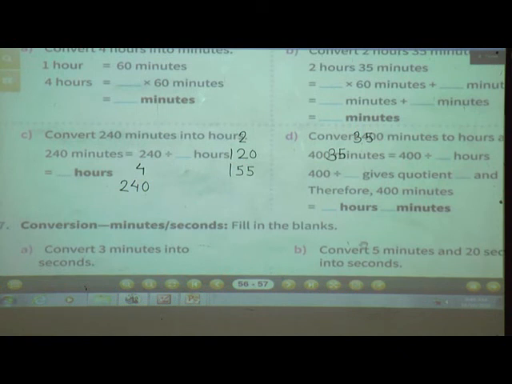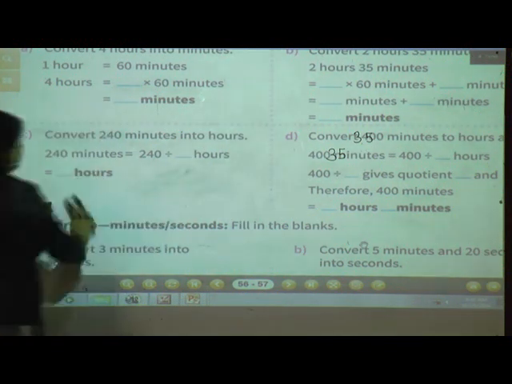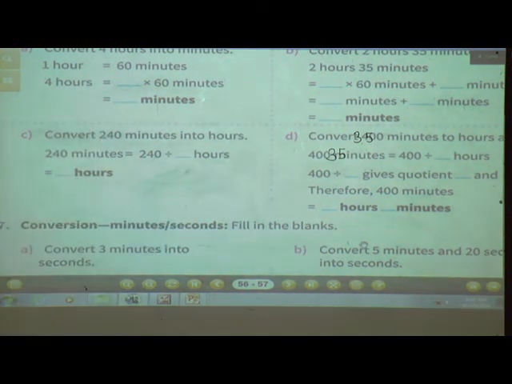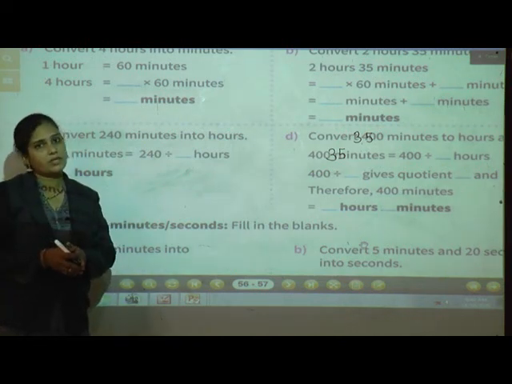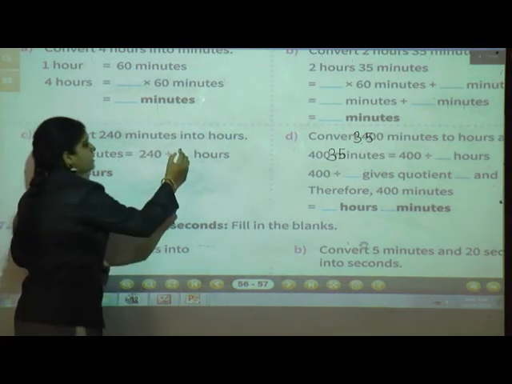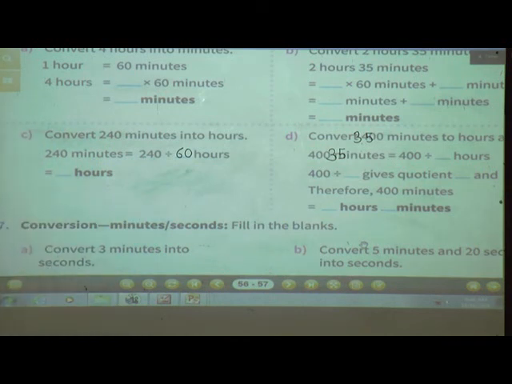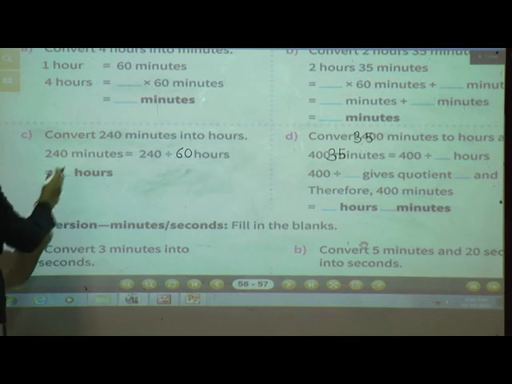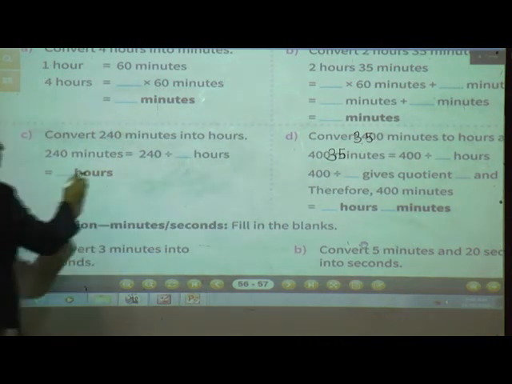Okay. Now C. Convert 240 minutes into hours. You know that 1 hour is equal to 60 minutes. So just divide 240 by 60. Sorry, let me check.